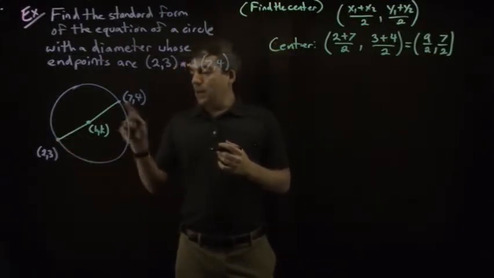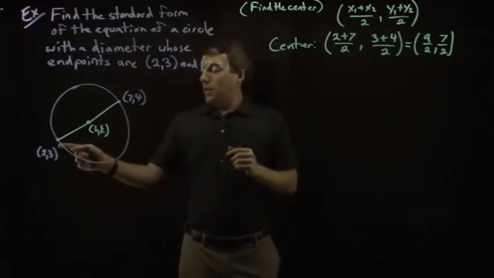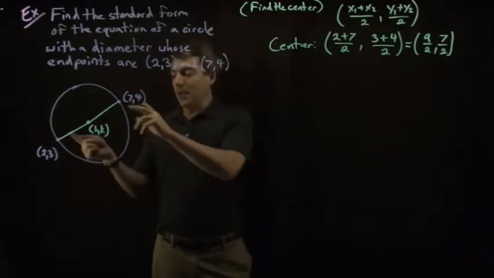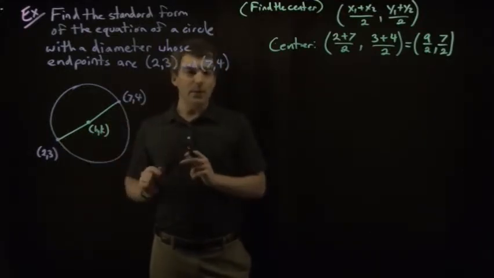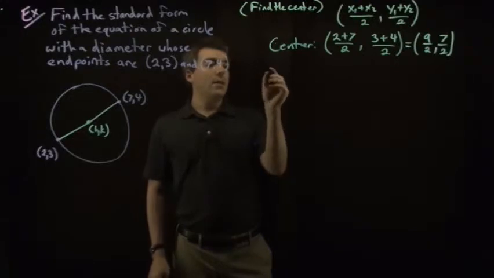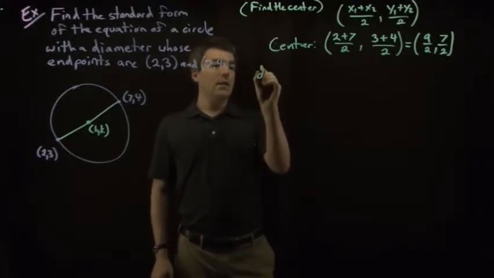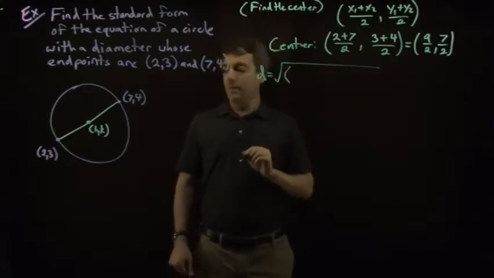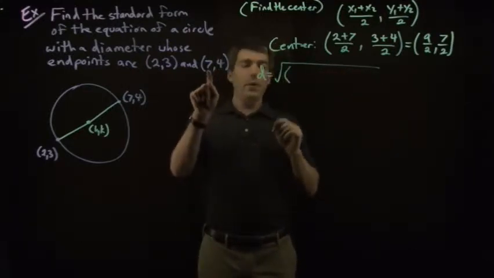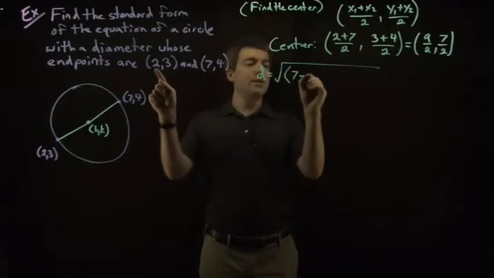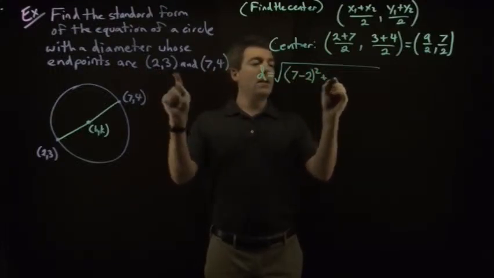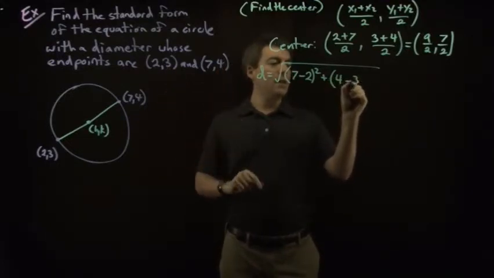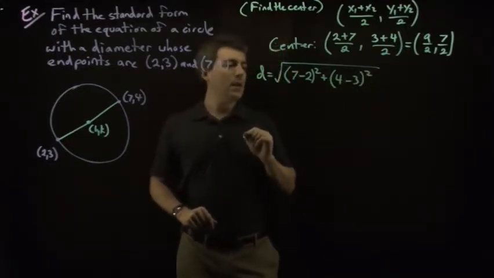So we'll take the two points that determine the diameter and use the distance formula to calculate that length, and then we'll divide that by 2. All right, so the distance, we'll call it d, is going to be the square root of (7 minus 2) squared plus (4 minus 3) squared.